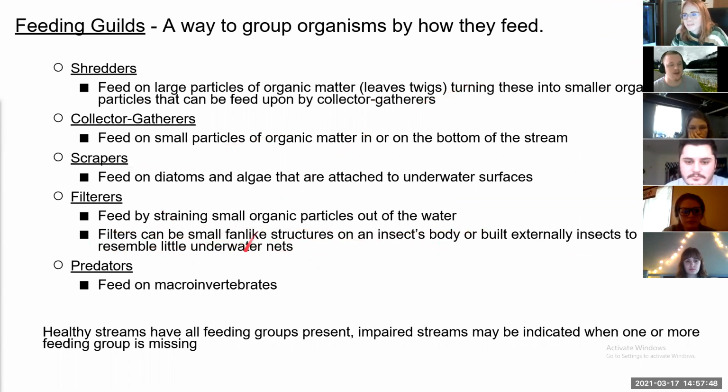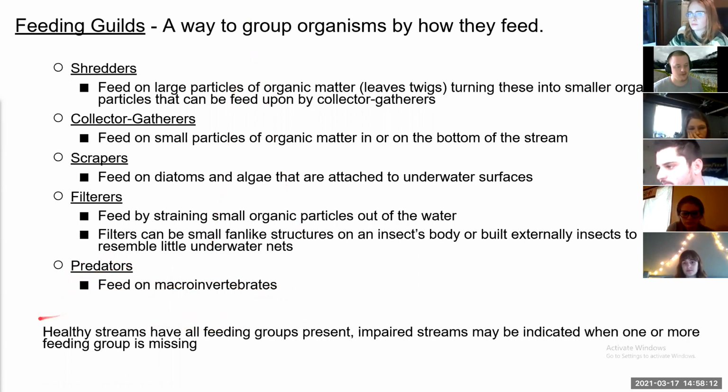And again, then your predators are just your macro, they will feed on other macroinvertebrates. Fish, you have predators that would feed on macroinvertebrates, but again, it'd be a wider group. So when I put this up above, just know that those are feeding on macroinvertebrates.